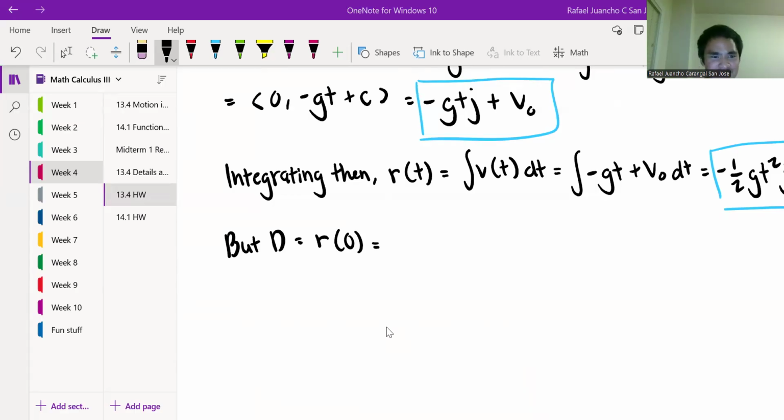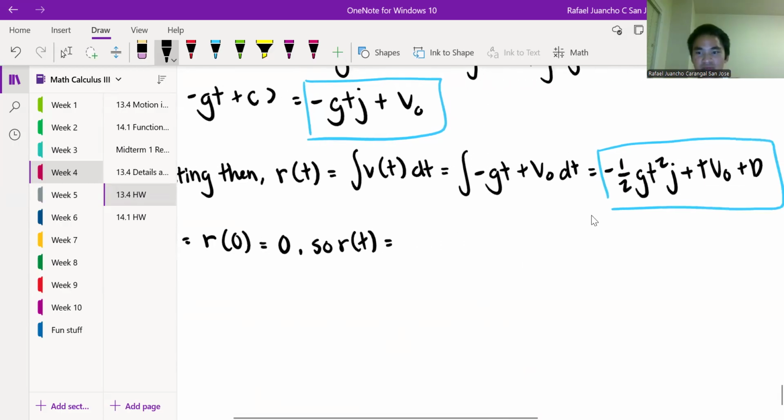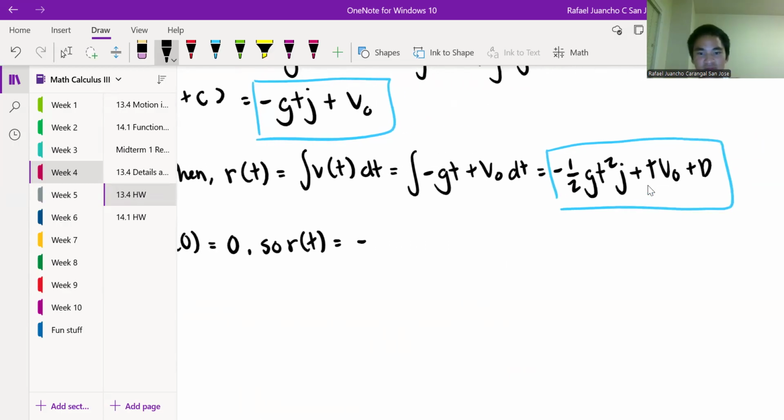R of 0 is equal to 0. So my d is 0. And so the position vector R of t is just this thing here without the d. So here I just completely take out my d. And that's it.